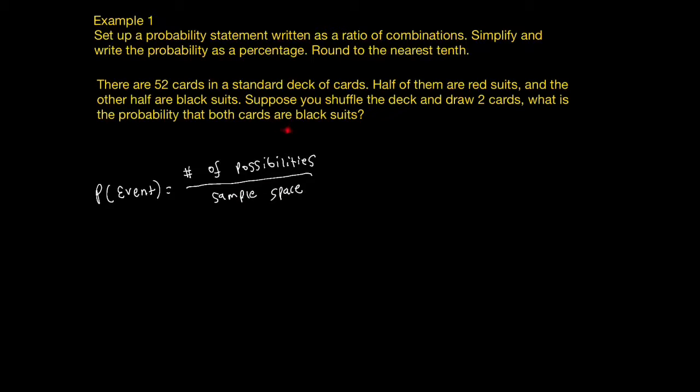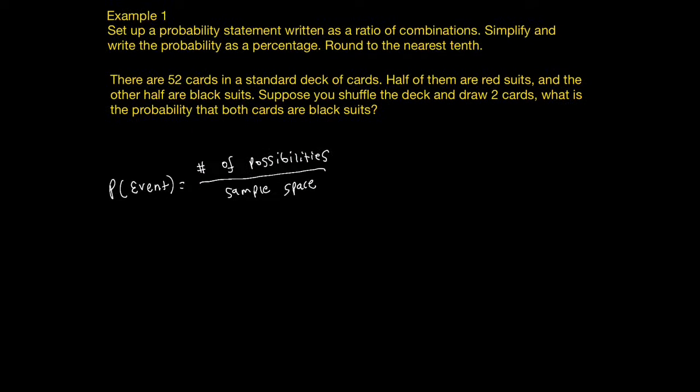So let's focus our attention first on getting the numerator, which is the number of possibilities. So here, we've got to ask ourselves, what do we want? Well, we want black suits. And how many black suits are there? Well, out of 52, half of them are red and half of them are black. So half of 52 is 26.